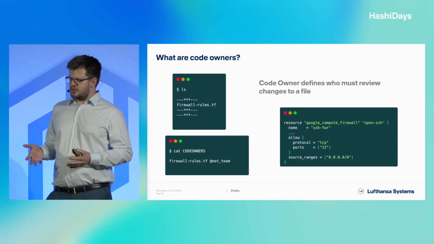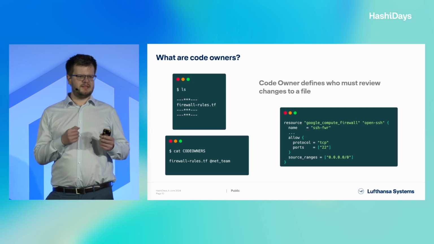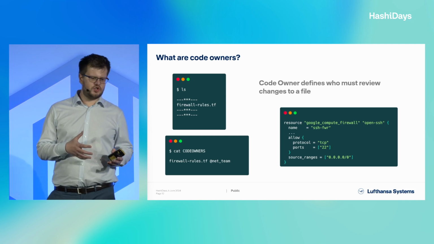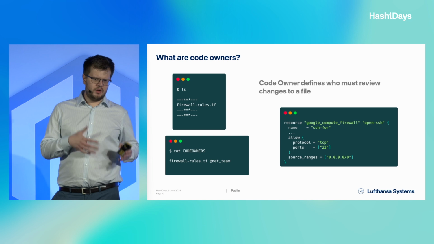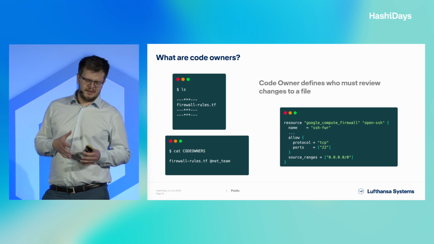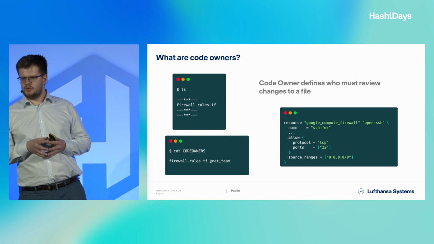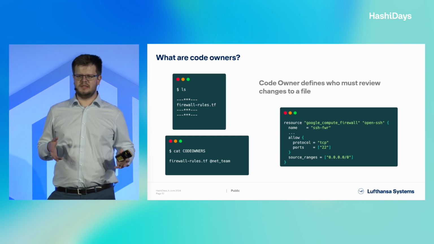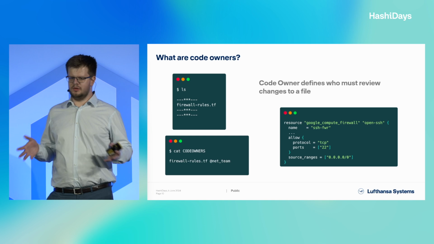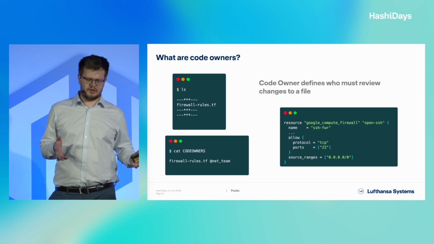If you're not familiar with it, code owners basically define who must approve changes to that file, and only they can approve them. The last picture shows a simple firewall rule that just opens the SSH port to the whole internet, something you usually don't want to have.